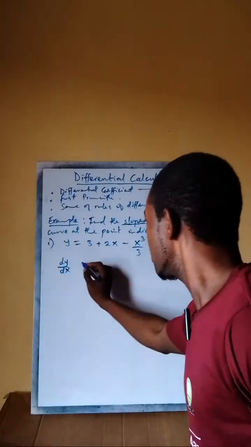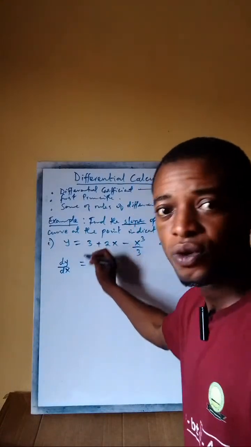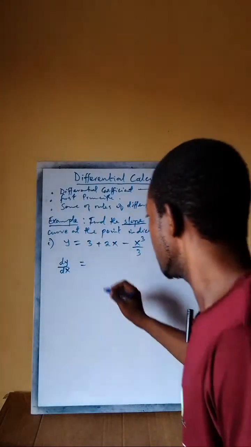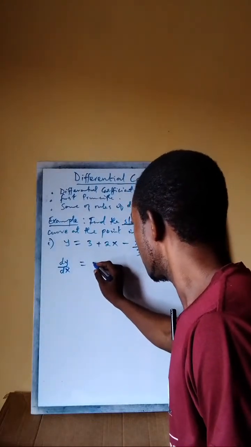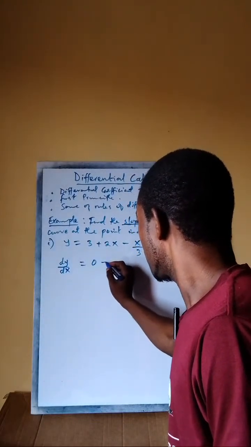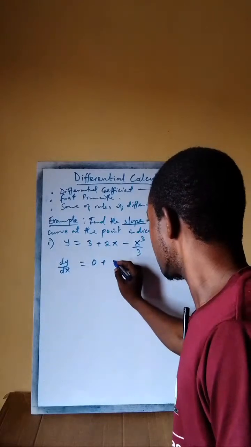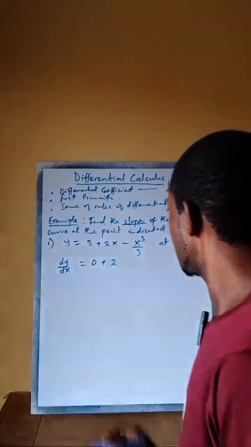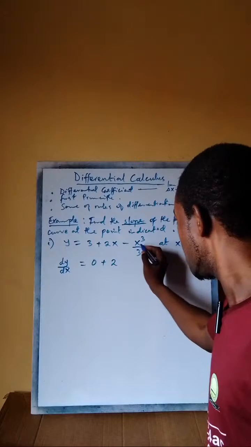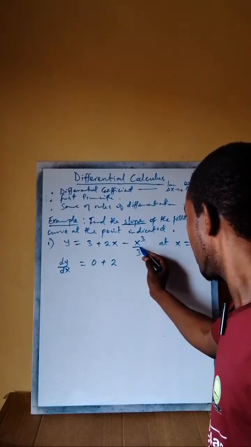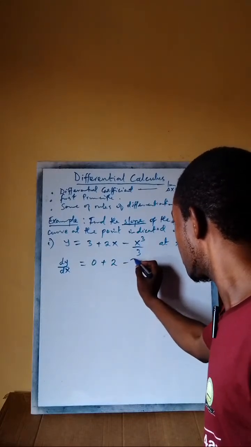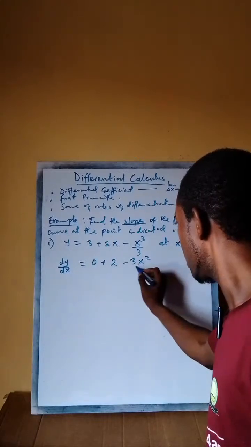Now first, when we differentiate this, dy/dx of a constant is 0. That means dy/dx of 3 is 0, plus differentiate 2x, that's 2, with respect to x. Then differentiate x cubed, that will be minus 3x squared over 3.